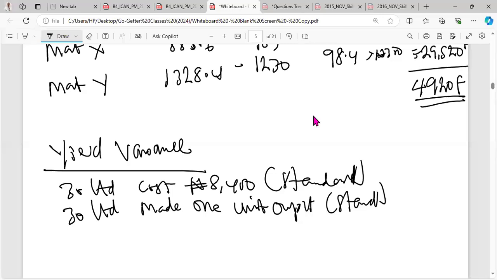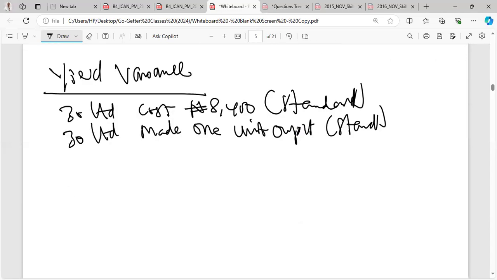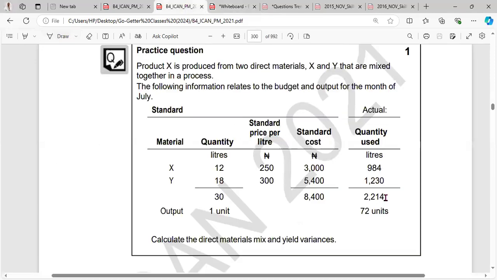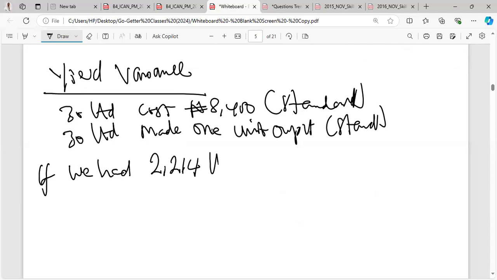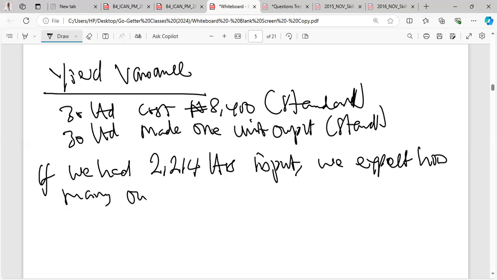All right. So if we had 2,214 liters of inputs, we expect how many outputs? So that's what we mean.